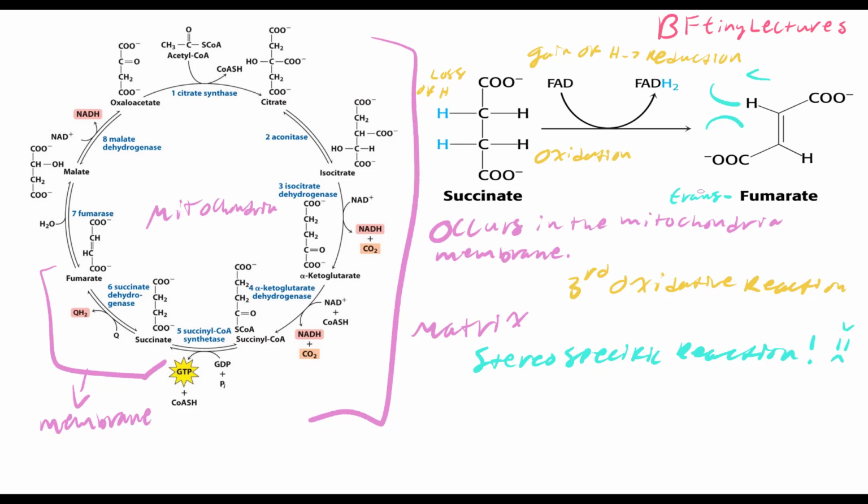Right? So it's always going to be forming the trans fumarate. Of course, some people just call it fumarate. I get it. If you want to be specific, you can say trans fumarate. Totally fine.